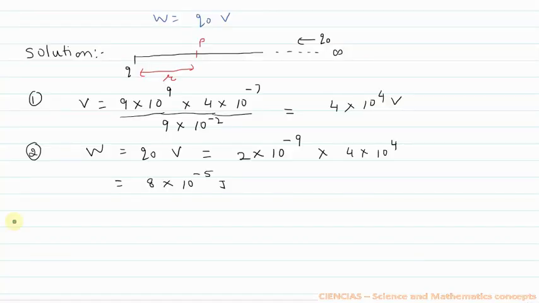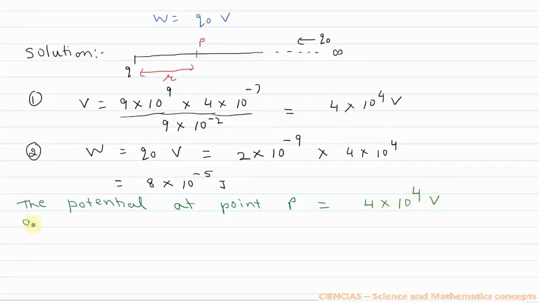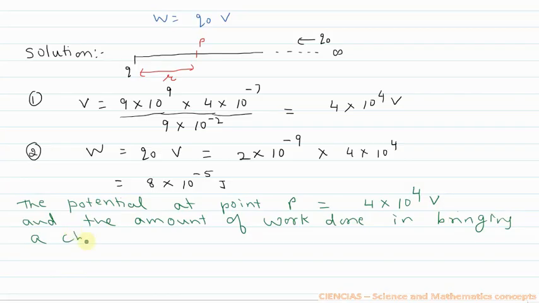The answer is the potential at point P is equal to 4 × 10^4 volt, and the amount of work done in bringing a charge Q0 at point P is equal to 8 × 10^-5 joule.